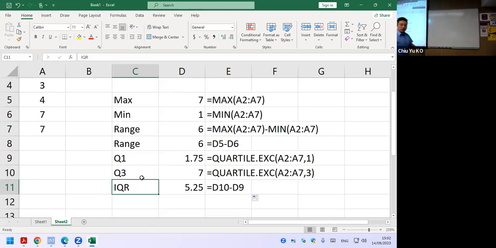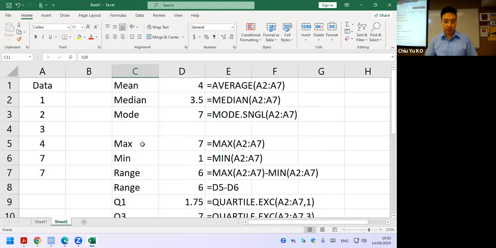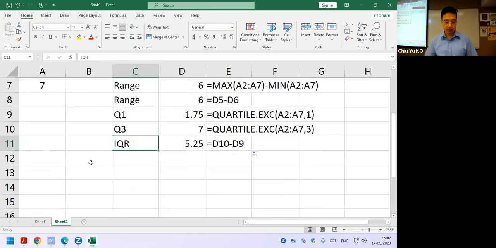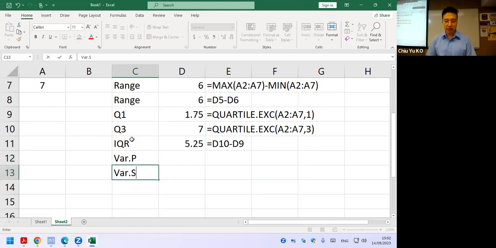Now I just continue to do the variance. Variance, there are two versions: VAR.P and VAR.S. Remember, P is divided by N, S is divided by N minus 1. So it's very simple.